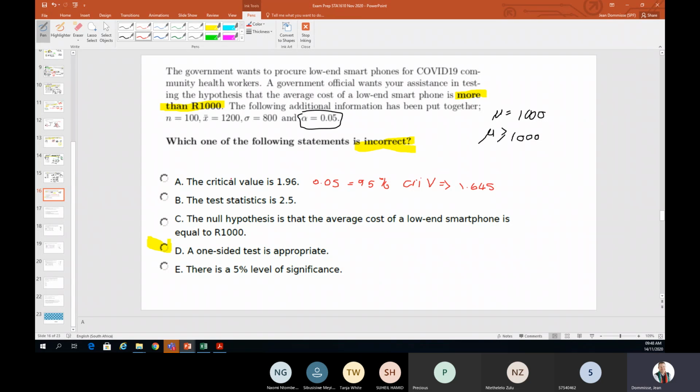If they told me here, like in that example that was shown, 2.5%, then they've already taken into account that I'm working with a one tail, and then it would have been 1.96. But because we assume we're working with 95% and one tail, it should be 1.645. So A is the incorrect answer.